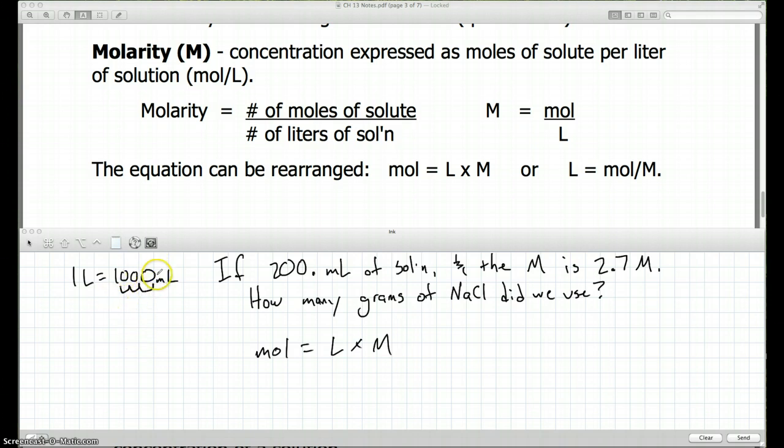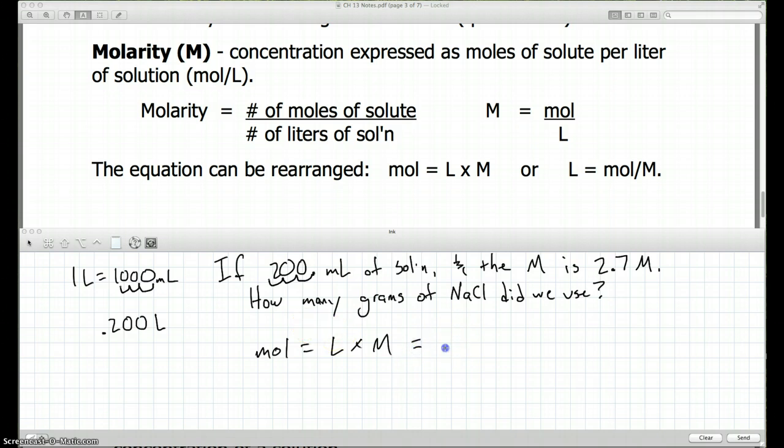That 1,000 becomes a 1, and that converts it into liters. So I'll do the same thing here. To go from milliliters to liters, I just move the decimal over 3 places, 1, 2, 3. So what I end up with is 0.200 liters.